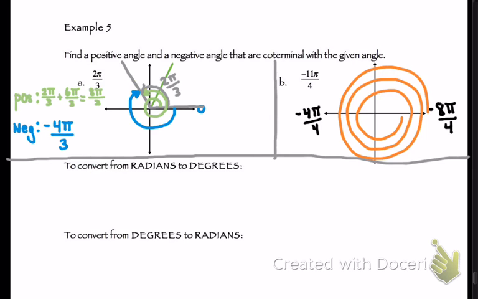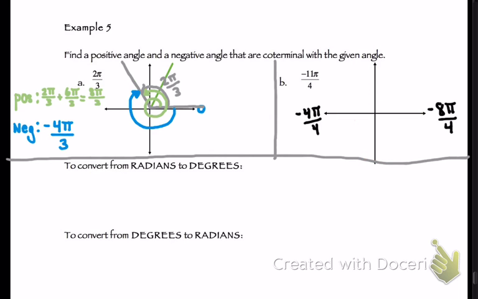As you keep spinning, see what happens. So I'm going to rewrite that as negative 12 pi over 4, and look at that. I know it's going to take me negative 12 pi over 4 to get there, so I know it's got to be split into fourths.